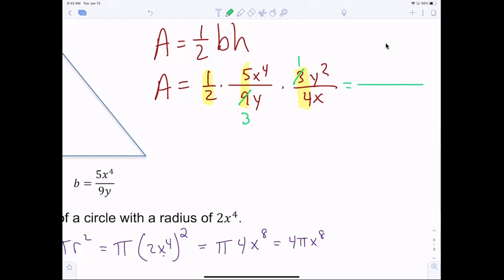All right, now how many x's on the top, kiddo? Yep, how many on the bottom? So what does that leave me with? X to the what? X, so where's that going to be? On the top, right? X to the what?